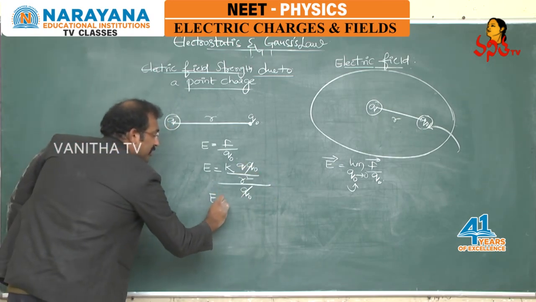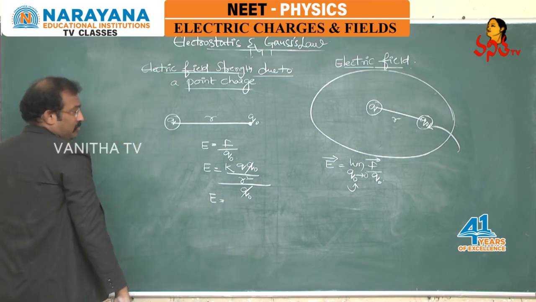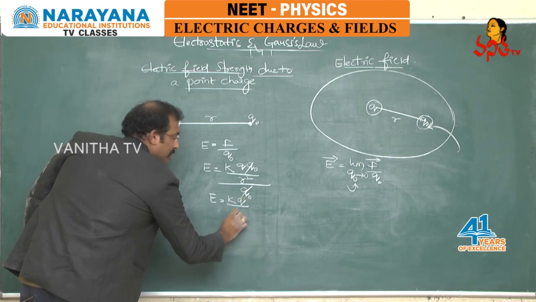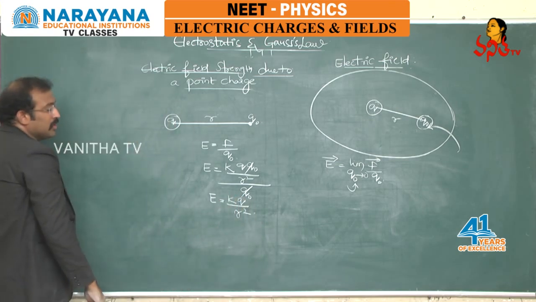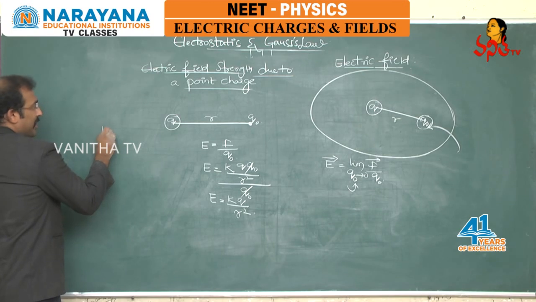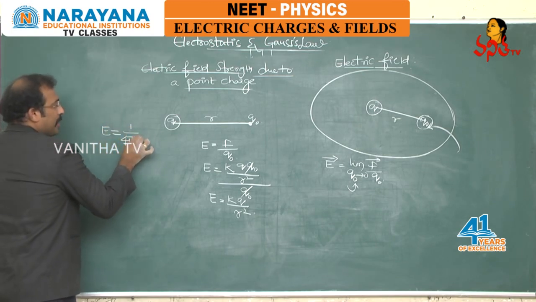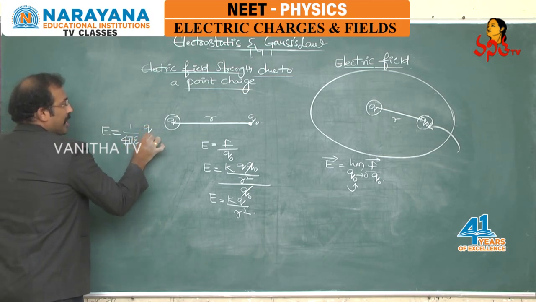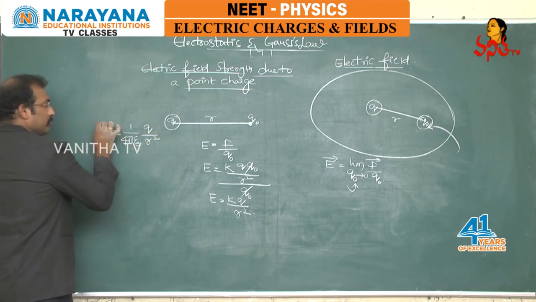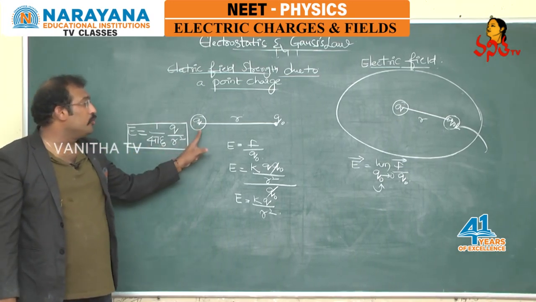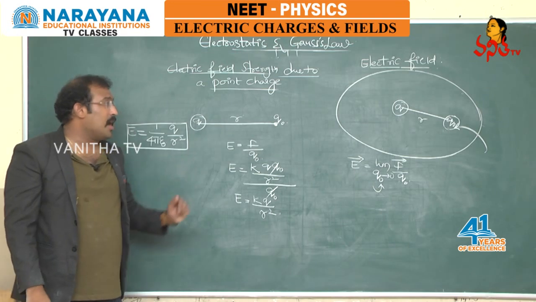The electric field strength E at a distance r due to the charge Q is given by KQ by r square. If it is vacuum, K we write as 1 by 4 pi epsilon naught, so E is equal to 1 by 4 pi epsilon naught into Q by r square. This is the electric field strength due to a point charge at a distance r.